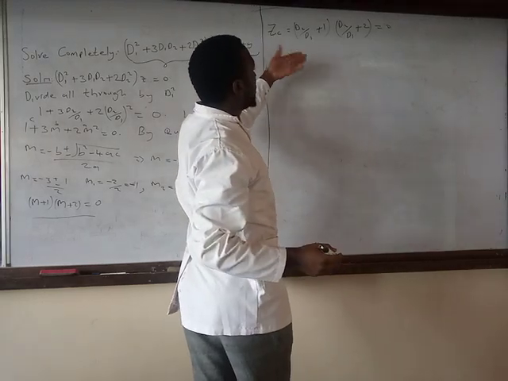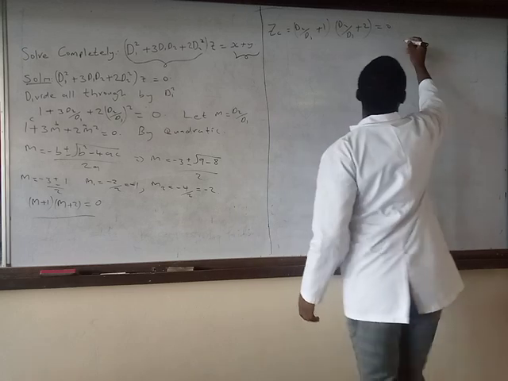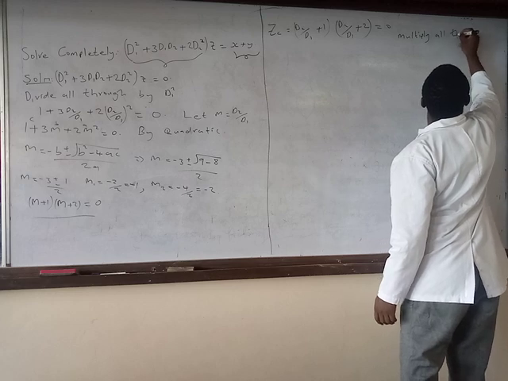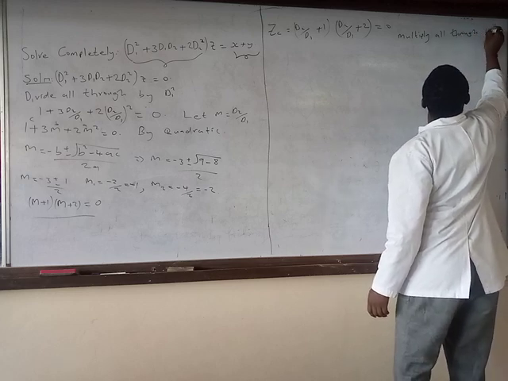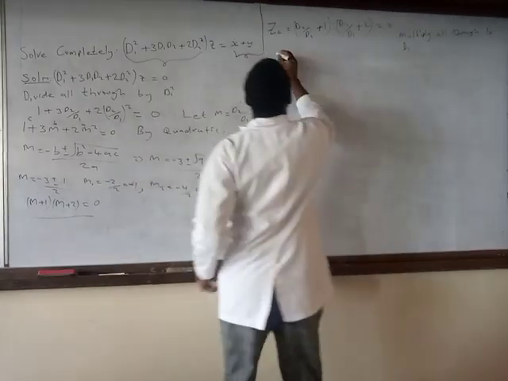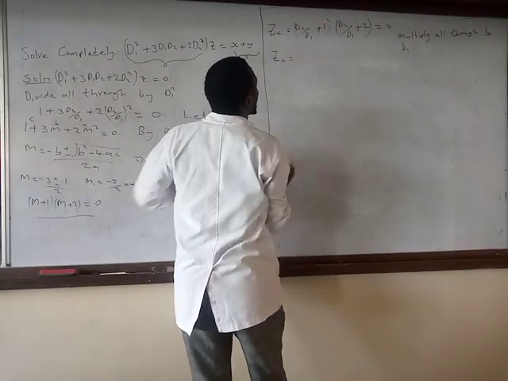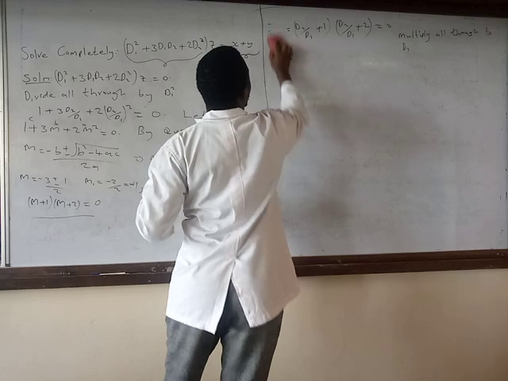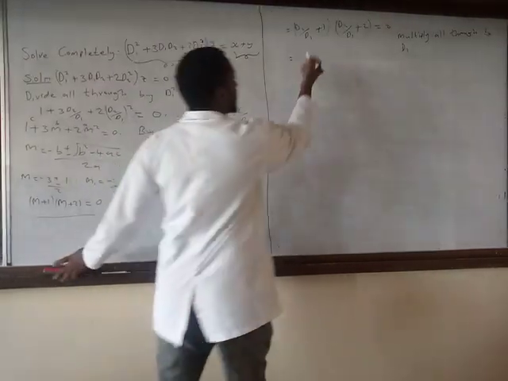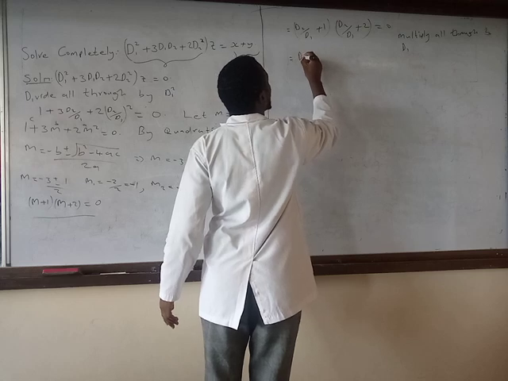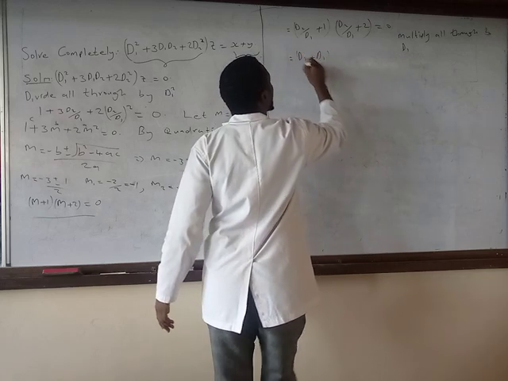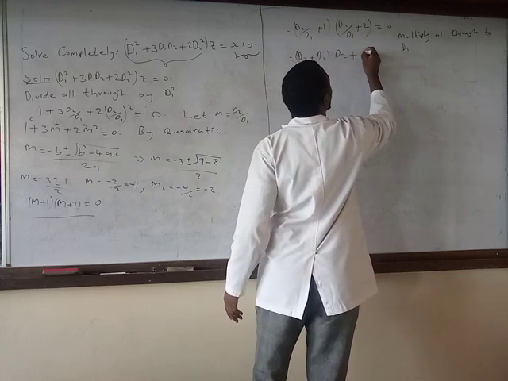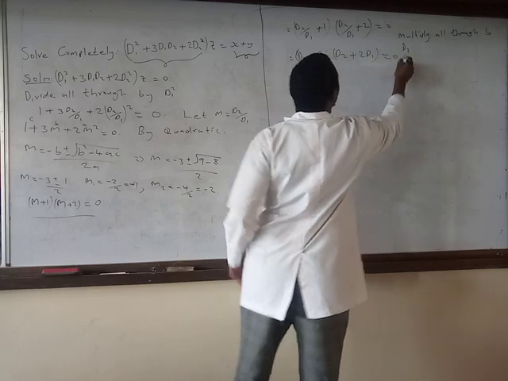We can multiply both sides, all through, by D1. We'll call it ZC when we get our final solution. So this one will be D2 plus D1, and this one will be D2 plus 2 D1 equals 0.